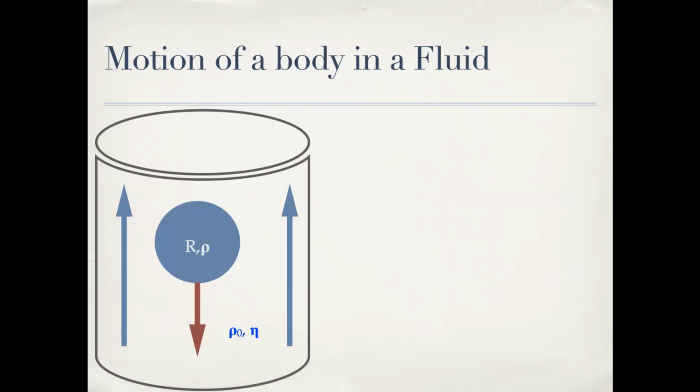The container is filled with the liquid with the density rho sub 0, and the liquid has a viscosity coefficient eta. And this is all in a gravitational field on the Earth. Therefore, the ball is very slowly moving down that cylinder.